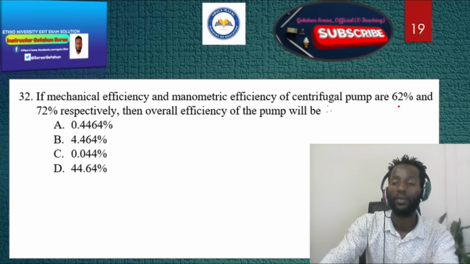So here we have the mechanical efficiency, which is 62%, and the manometric efficiency, which is 72%.